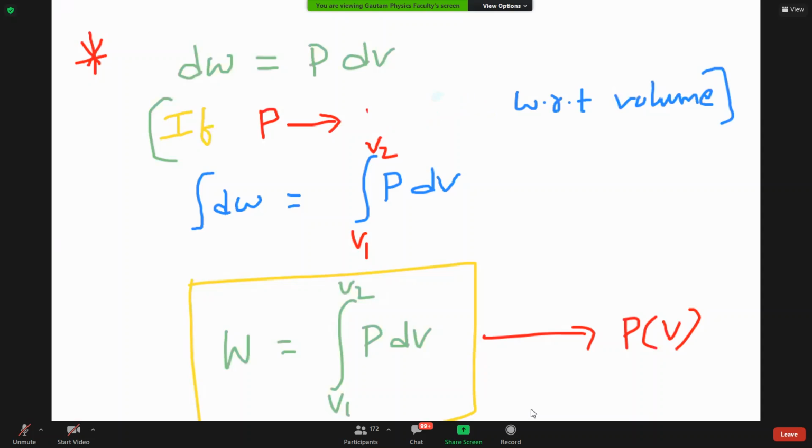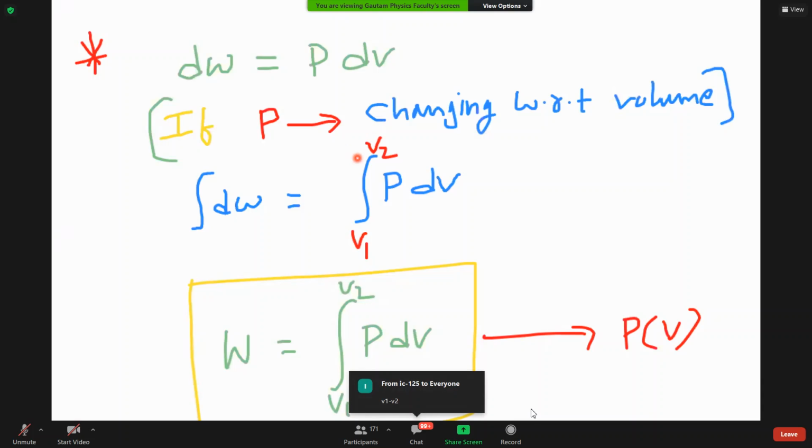P is changing with respect to volume. When volume is changing, pressure is also changing. If you are confused by the word variable, take it as changing. So integrate on both sides from initial volume V1 to final volume V2.